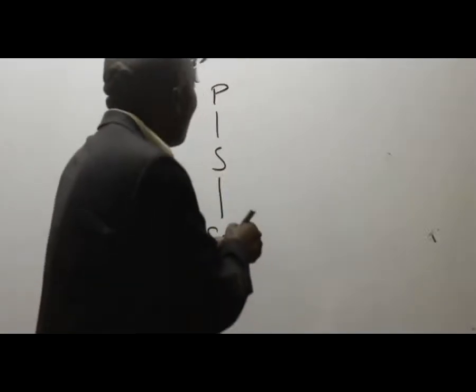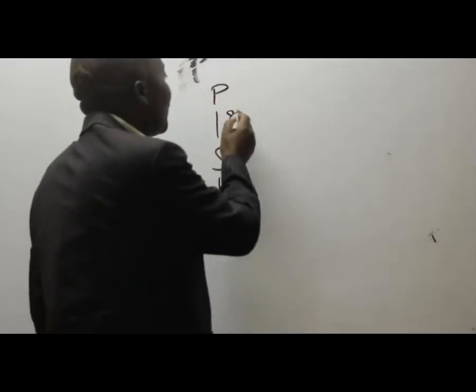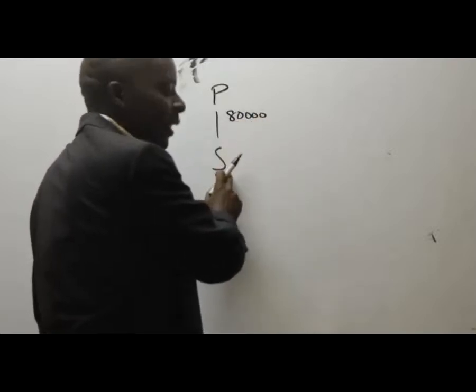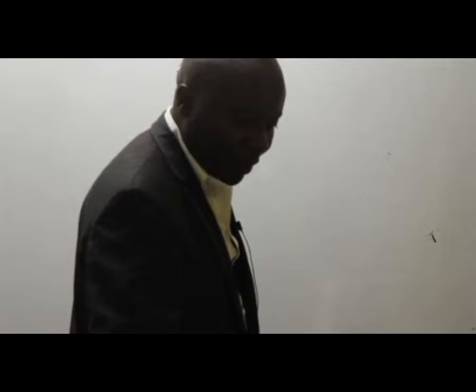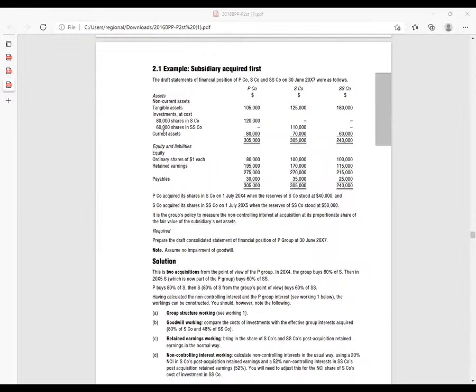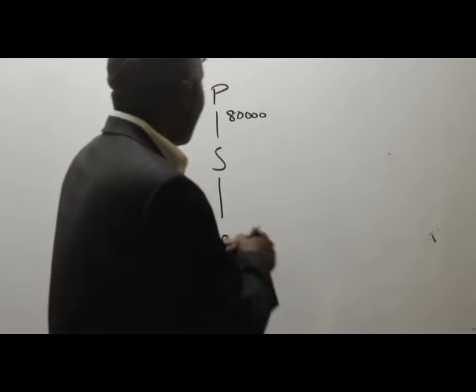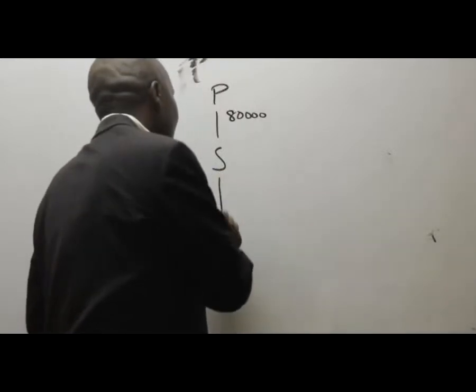And you can see from the statement of financial position that there are 60,000 shares in SS. Who bought these 60,000 in SS? We are told it's S company that bought SS. So 60,000 shares were bought by S.